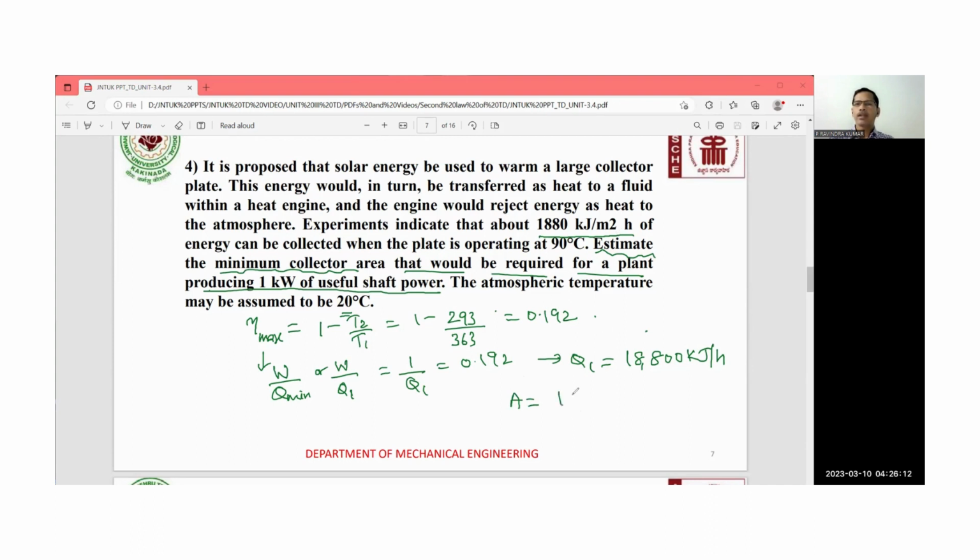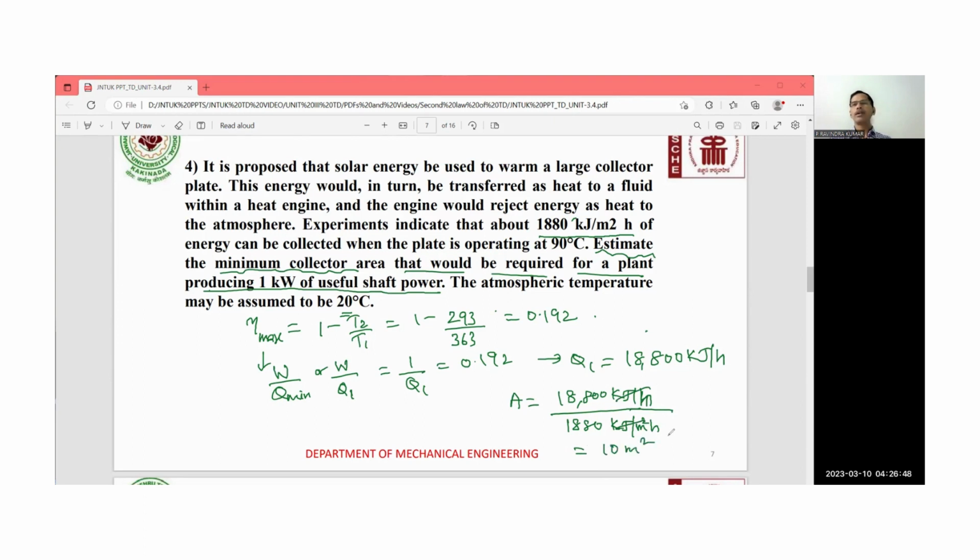So if I do it like this, 18,800 kilojoule per hour divided by this 1880 kilojoule per meter square hour. Kilojoule and hour are cancelled, so you will get only meter square. That is equal to 10 meter square.